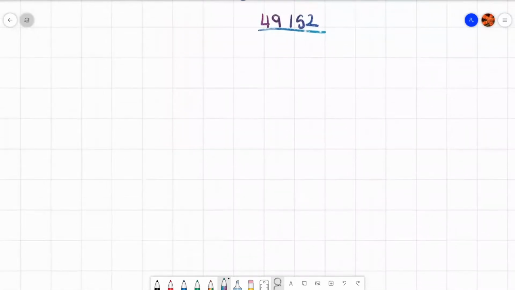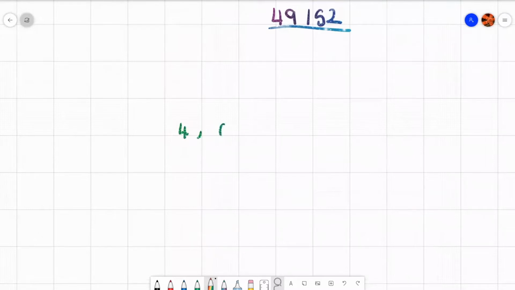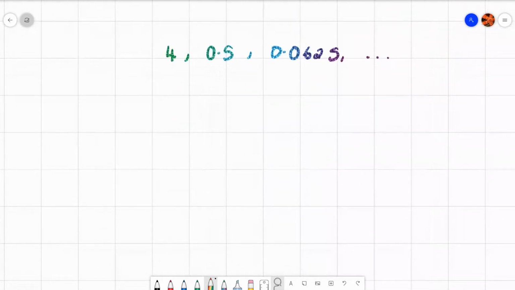So another sequence then. Let's have a look at 4, 0.5, 0.0625, and so on. So what are you doing each time? Well, to get from 4 to 0.5, I'm timesing by 0.125.